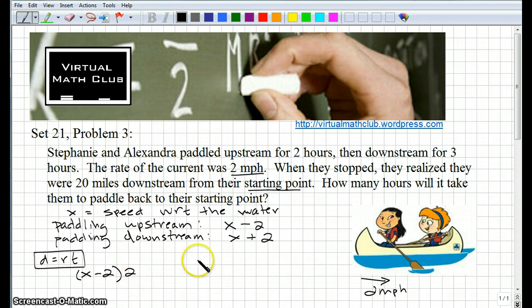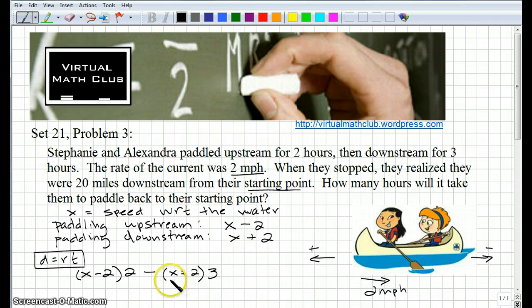Okay, and I guess we have to have a reference direction. We're going to call upstream positive, and we'll call downstream negative. Okay, because here the positive and negative does matter, because when you turn around and go downstream, now we're subtracting from their distance upstream. So we're going to subtract this. They're going at x plus 2 miles per hour, and it says that they go downstream for 3 hours.